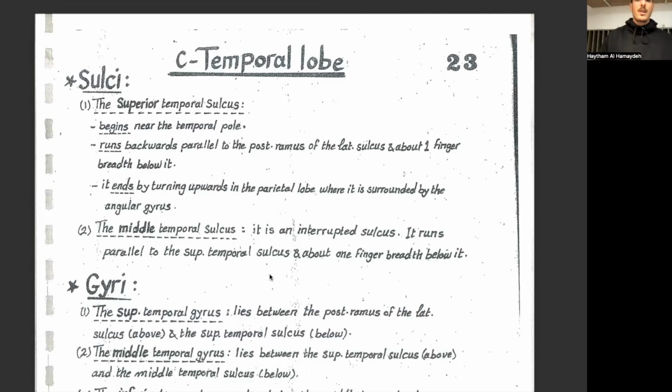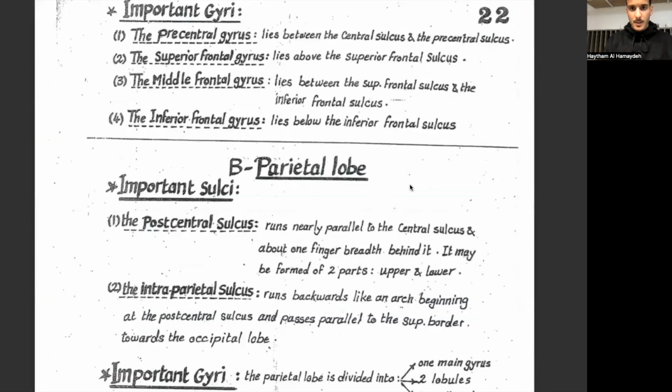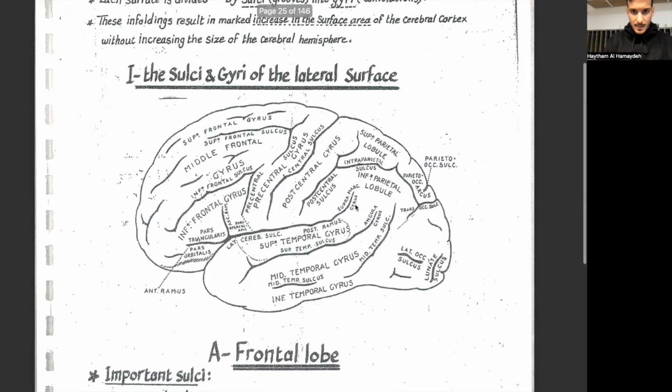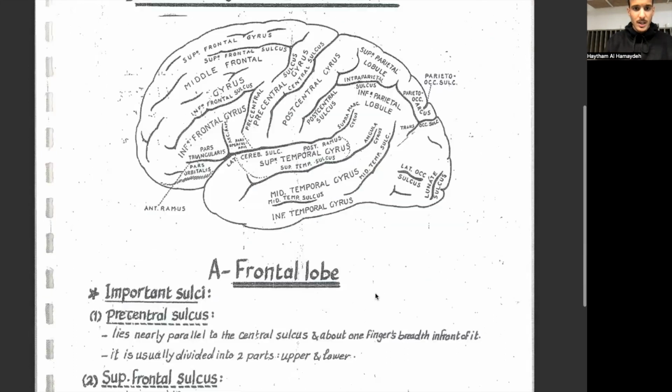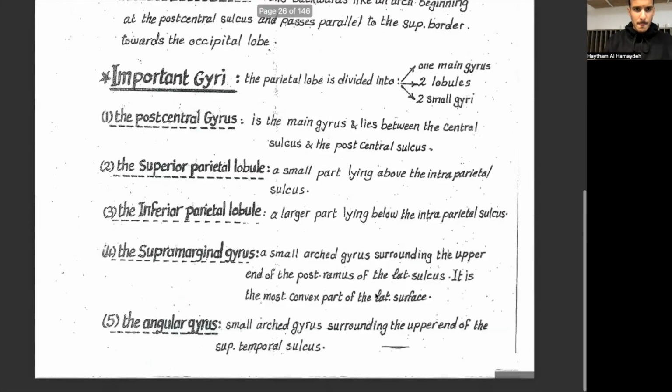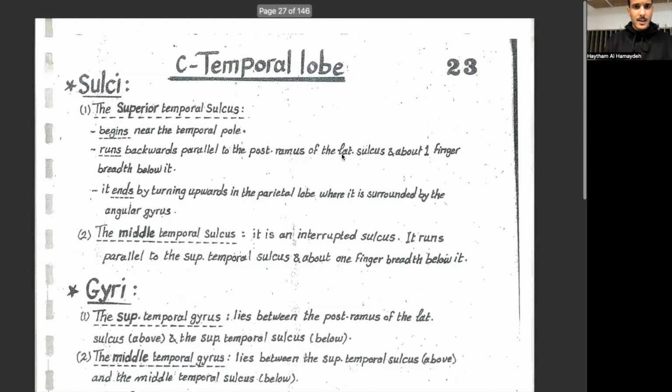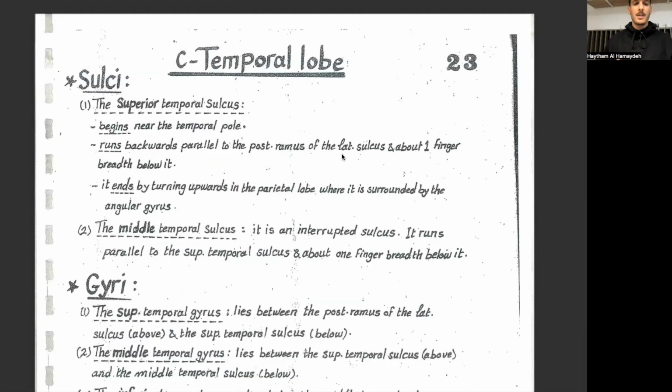Now for the temporal lobe, which is basically this part right here. The temporal lobe sulci are made up of the superior temporal sulcus and the middle temporal sulcus.